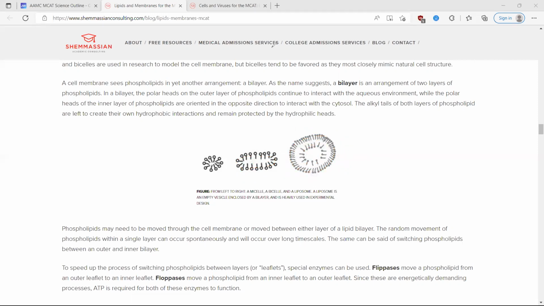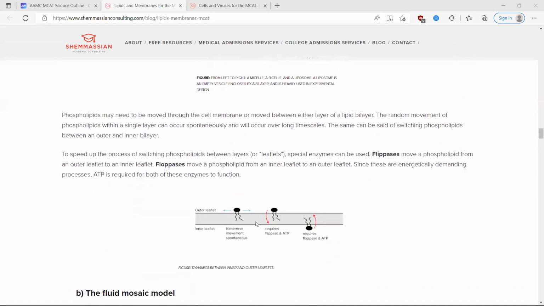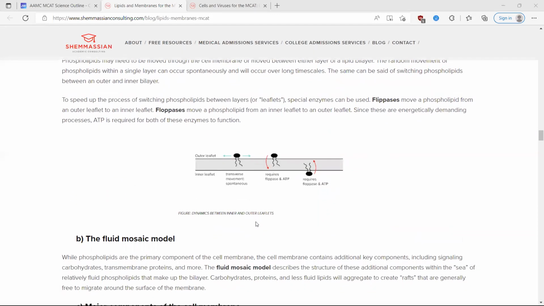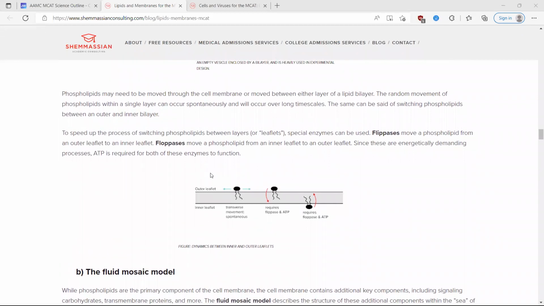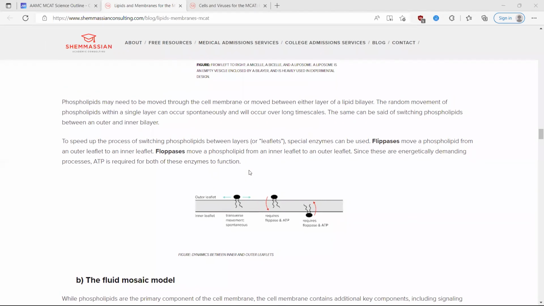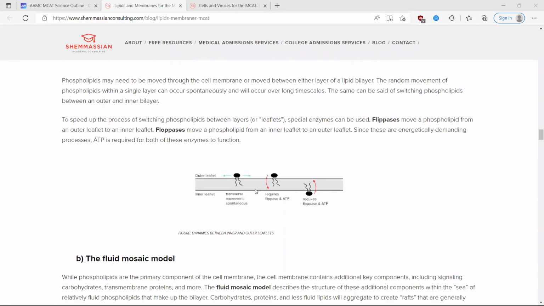So now we can talk about, so also we talked about the fluid mosaic model, which is the fact that these guys move around, right? And they move around by themselves, spontaneously, but there are also enzymes that can make it happen a little faster.